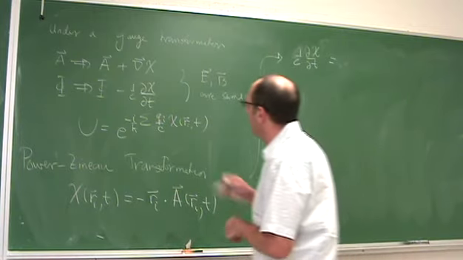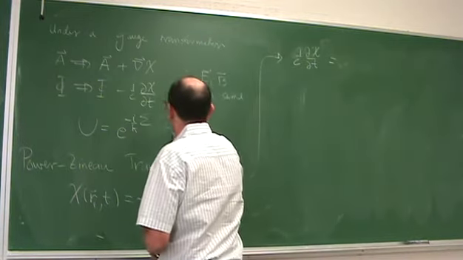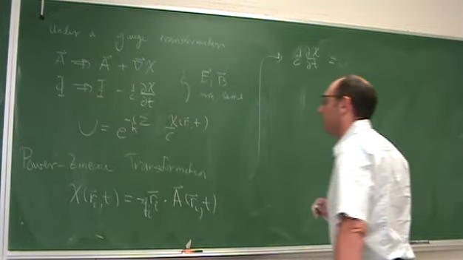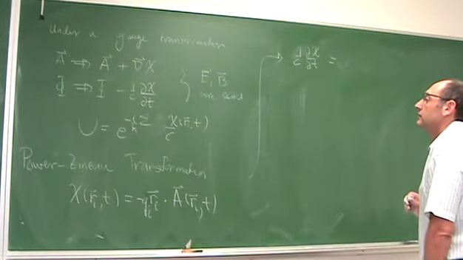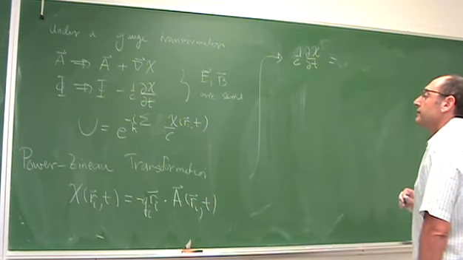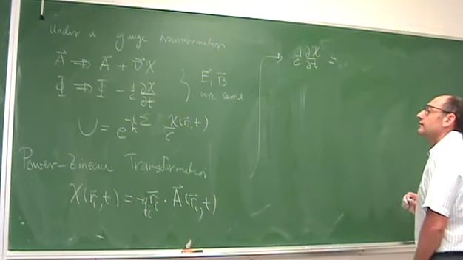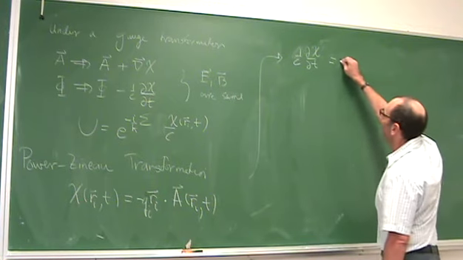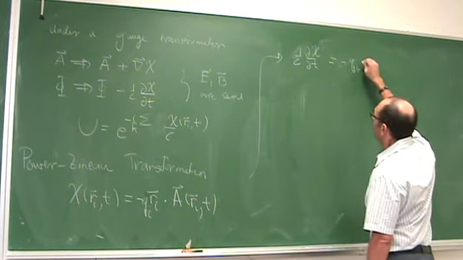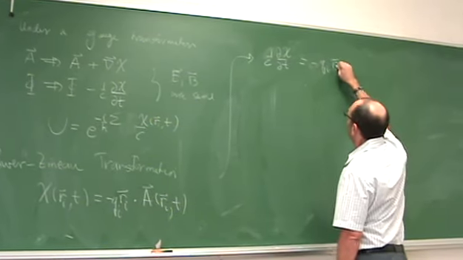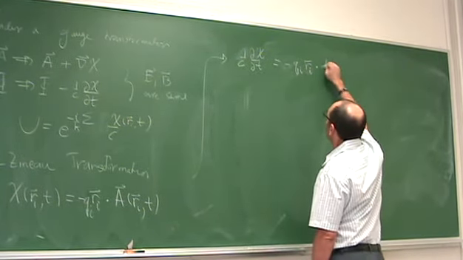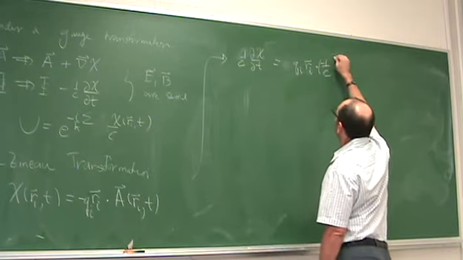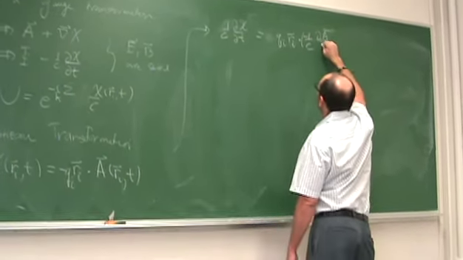I define this so that I put the charge inside here. So 1 over c d chi dt is minus q_i r_i dotted into minus 1 over c dA dt.